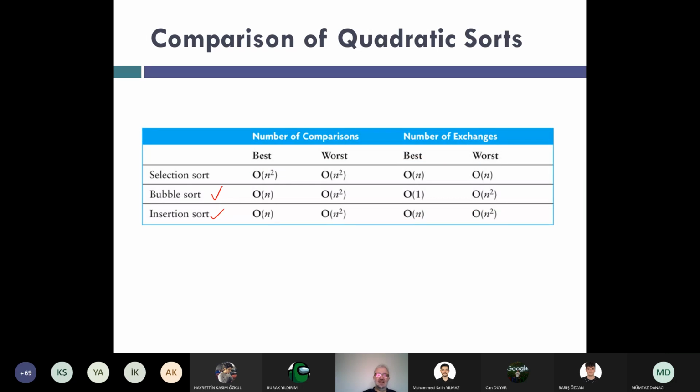Okay? And when you look at this table, you can see that as far as the number of comparisons performed, bubble sort and insertion sort perform better than selection sort.